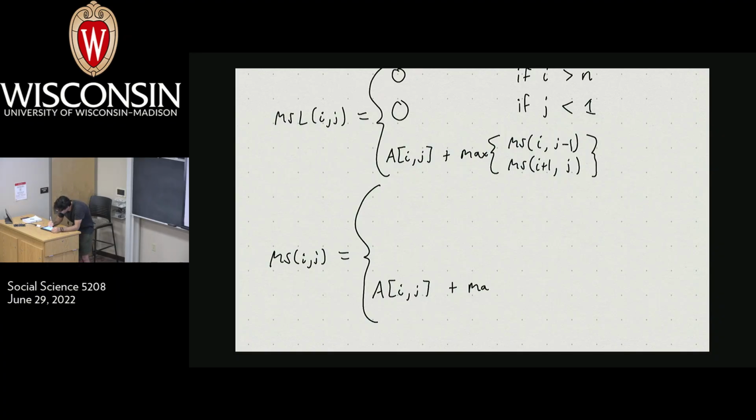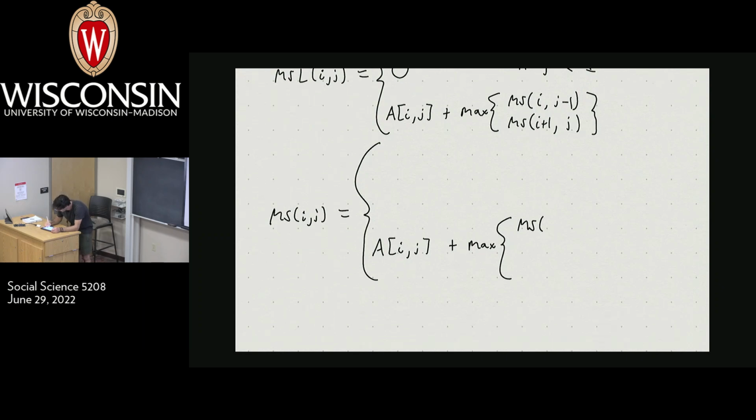So we can take the max of... ooh, I just thought of an even better way to do this. Ooh, it's so risky though. I'm just going to write it like this and we can figure it out later. So this is moving to the right, this is moving to the left, or moving down, and then this one is moving left.